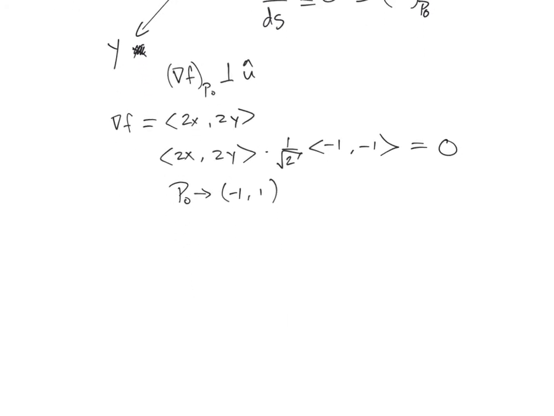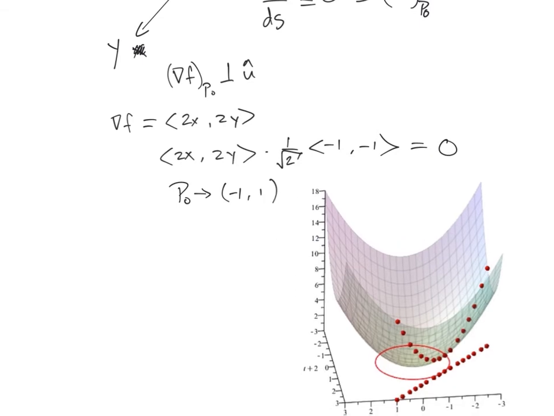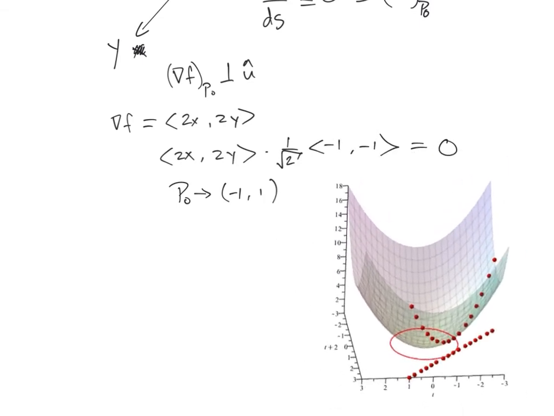Okay, so I got a fancy picture that we can look at. Here's my paraboloid. It's this surface here. Here's my constraint equation in the xy plane, that line that we drew.